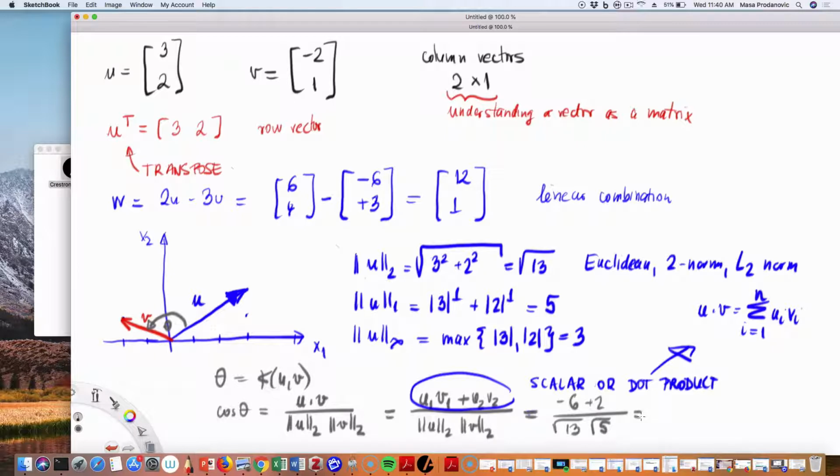So this is going to be minus 4 divided by square root of 65. If I calculate it, it's roughly 120 degrees, which I can actually see from the picture. If somebody has a phone, 119.74. There we go. The cosine of minus 4 over root 13 times root 5 is 119.74 degrees.